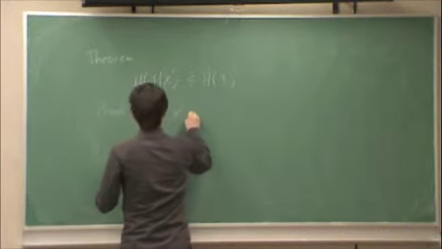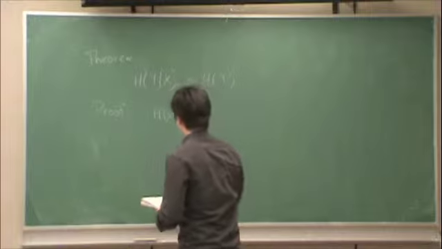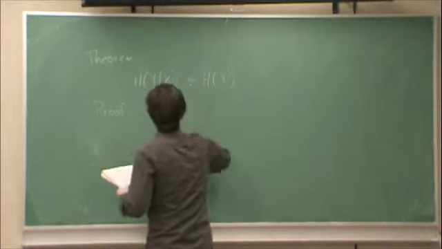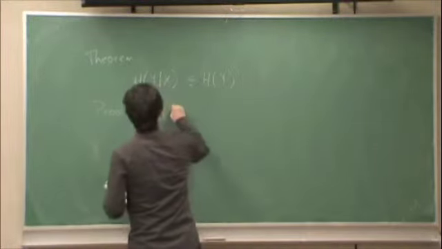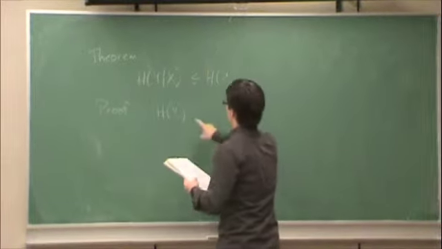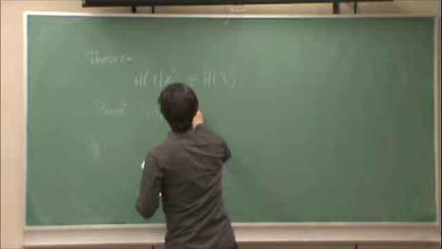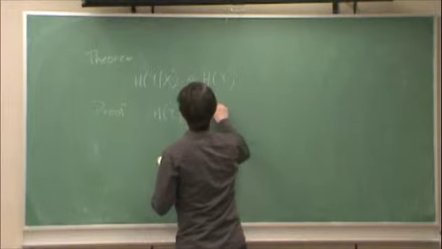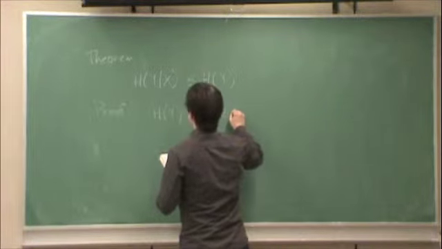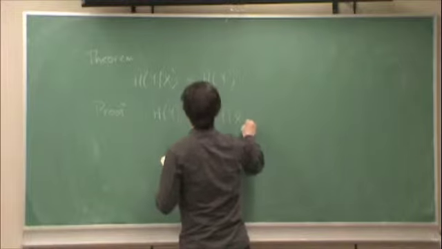H of y, what I'm going to do is I'm going to take this to the right, and I'm going to say H of y minus H of y given x.